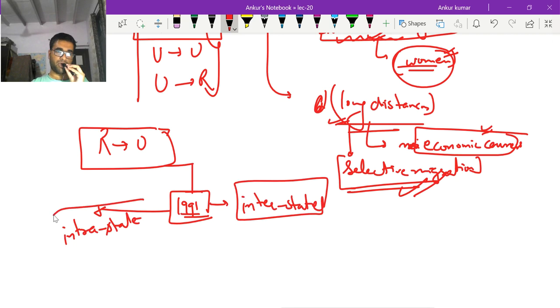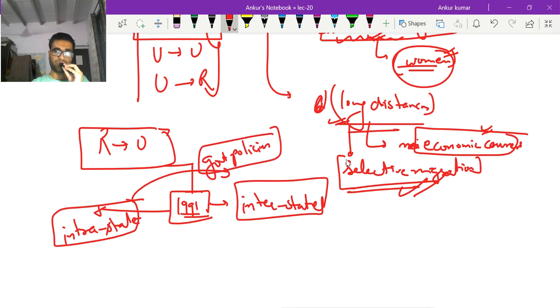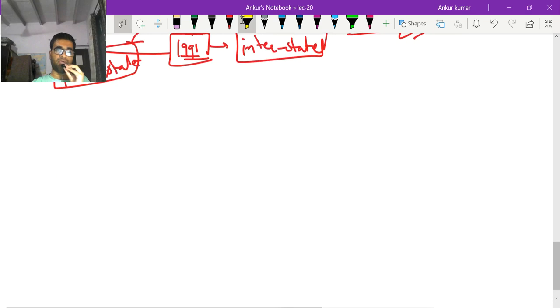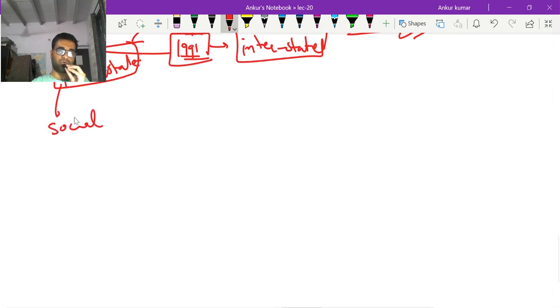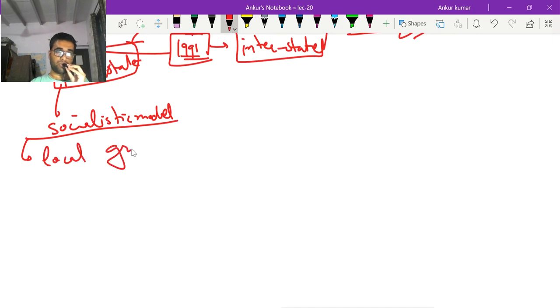Now, why did this change happen? This change happened simply because of government policies. Now, how did the government policies lead to this change? See, before 1991, what was India following? India was following a socialistic model of economic growth, and in that we constructed the local growth poles.